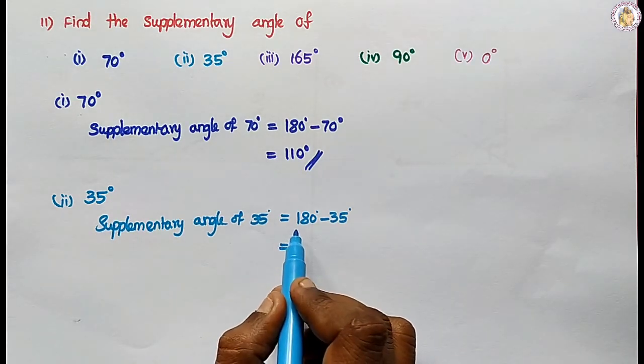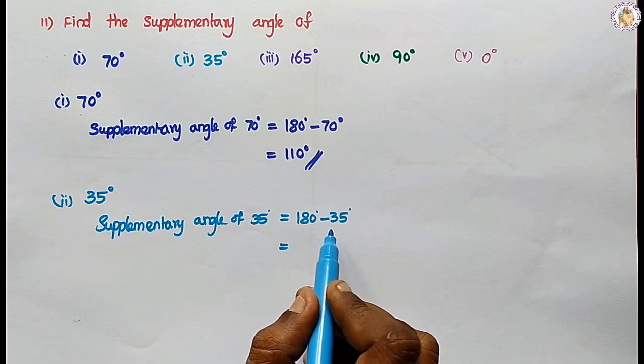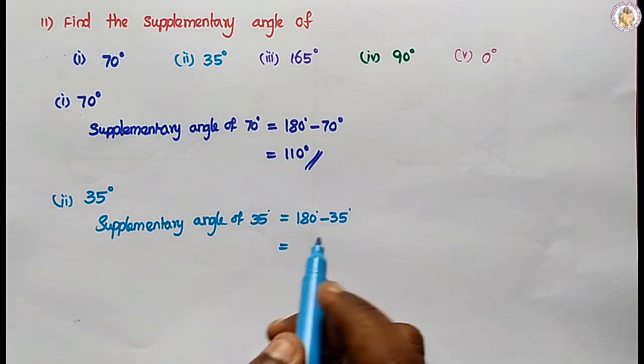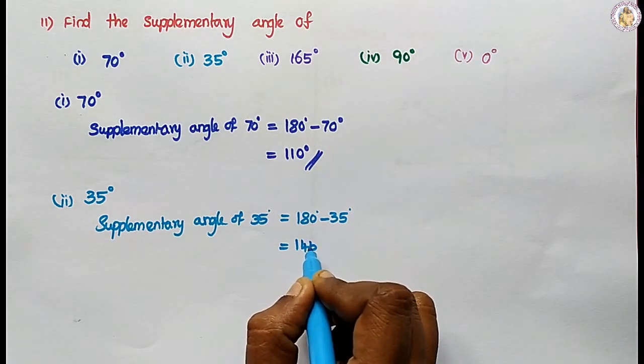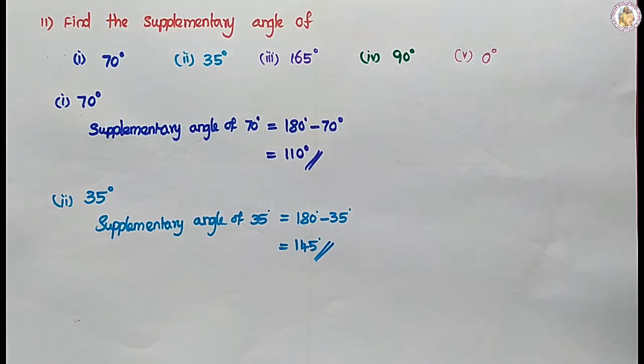How much? 180 minus 35. 180 minus 30, 150. Again 5 minus means 145 degree. That is the answer.